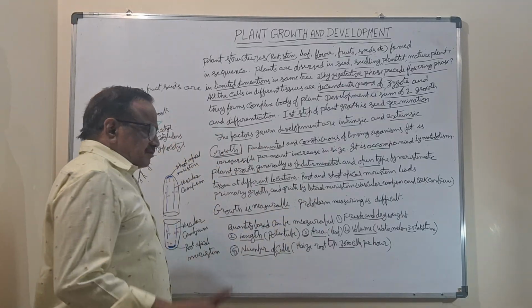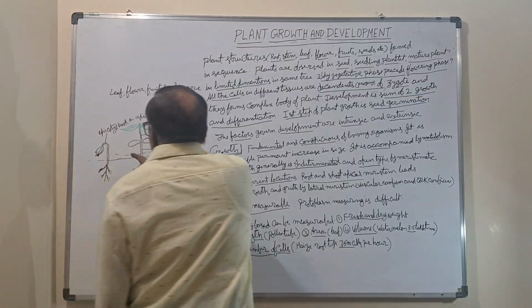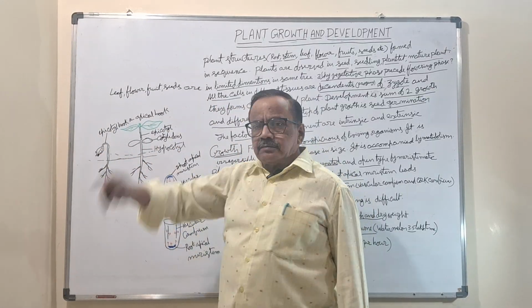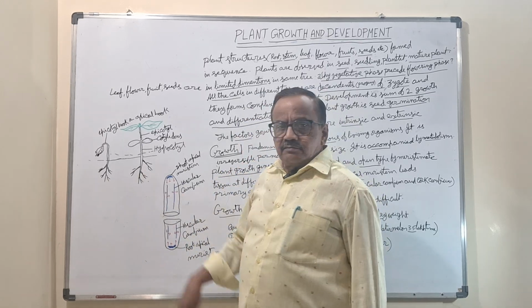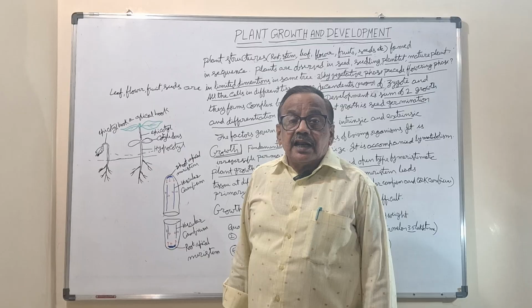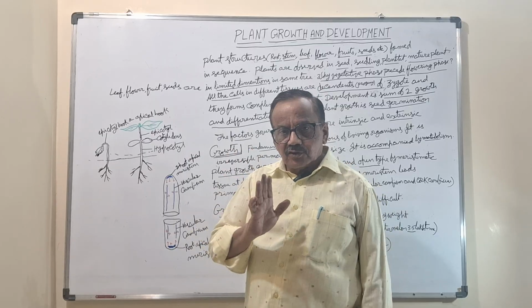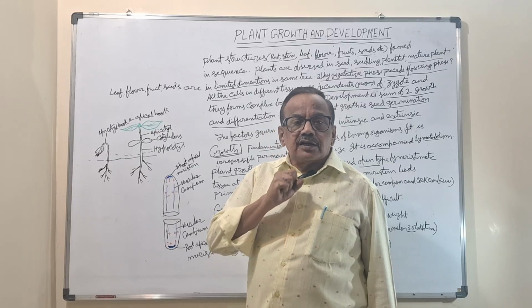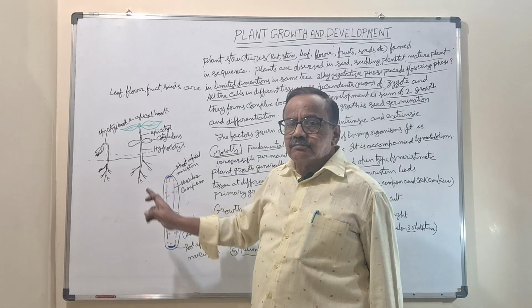Now here one more thing I want to show you. Here you see two important diagrams that I want to show. What are they? Epicotyl and hypocotyl, you studied in the morphology of the seed. But what they actually are, you don't know. He has shown these things in this diagram.